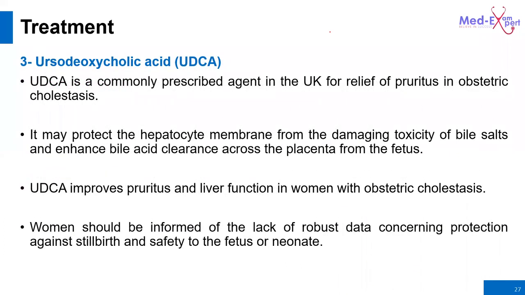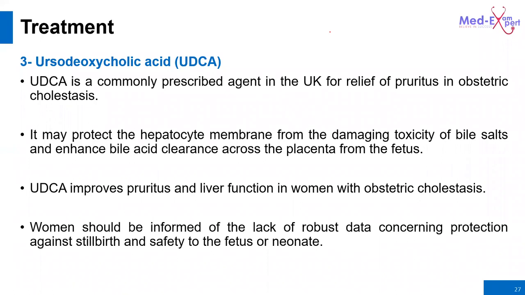We also have ursodeoxycholic acid. This is a very commonly prescribed agent in the UK for relief of pruritus in obstetric cholestasis. So we can say that this is the first drug to be used. It protects the hepatocytes from the damaging toxicity of bile salts and also enhances bile acid clearance across the placenta from the fetus.